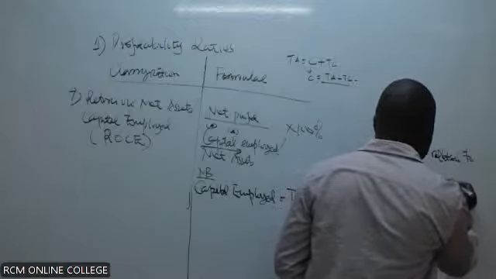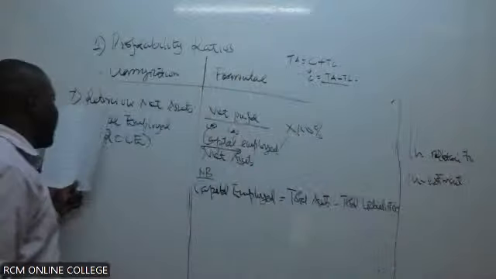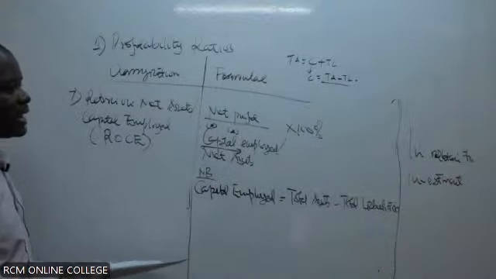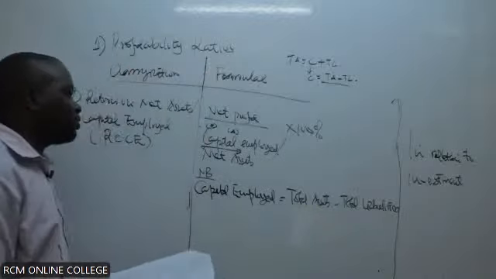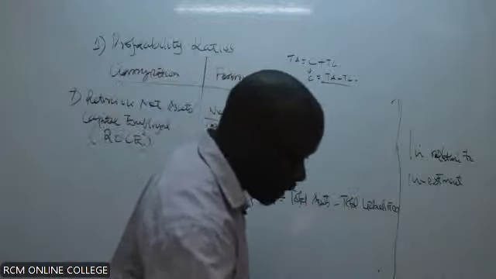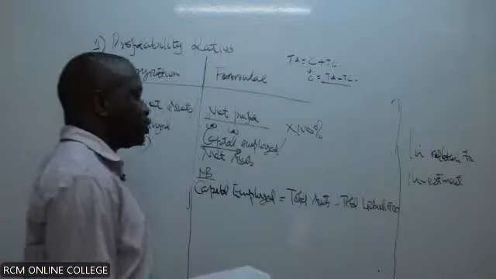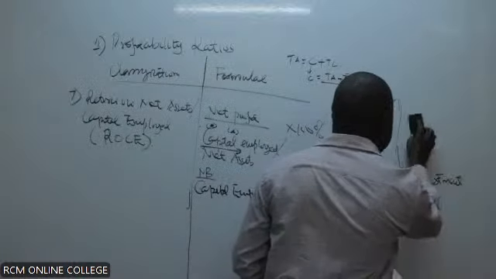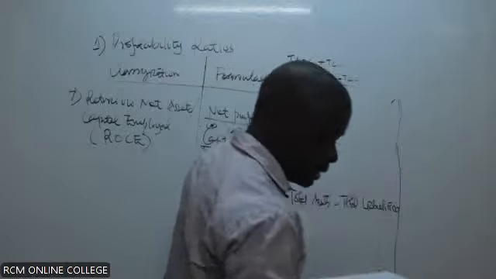These profitability ratios, numbers 5, 6, and 7, are in relation to what we've been able to invest, what we've put in as capital, what we've put in as total assets. They are in relation to investment.